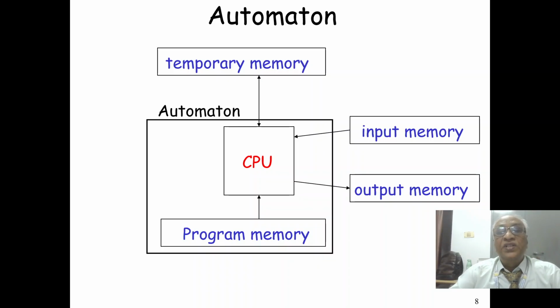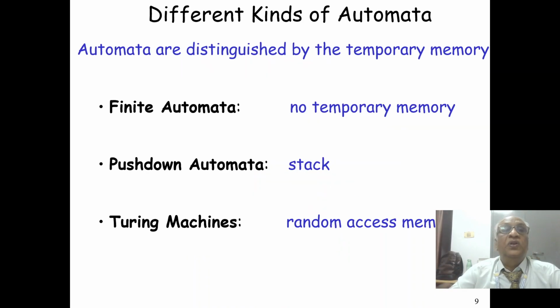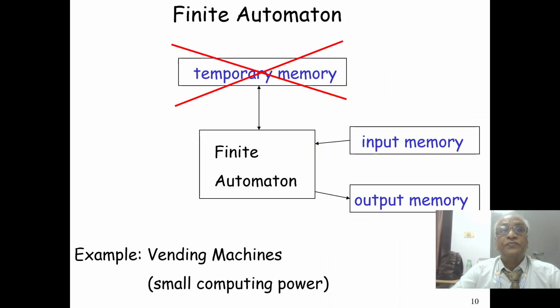So this is what an automaton is. It's an abstract representation of a machine, which comprises various kinds of memories. Now when I say automata, there are different kinds of automata distinguished by temporary memory. You have finite automata with no temporary memory, pushdown automata having a stack, and Turing machines having random access memory.